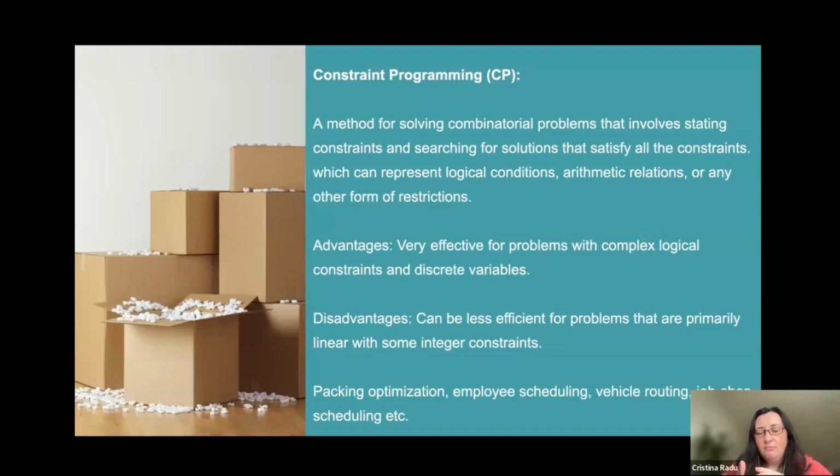You use them for problems like packing optimization, scheduling, vehicle routing, and so on. So it's a very powerful technique, but it doesn't apply to all kinds of problems. In supply chain, most of the time you have linear programming and mixed integer programming, and sometimes constraint programming. It's not, let's say, so popular yet.